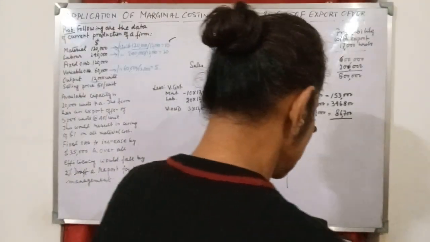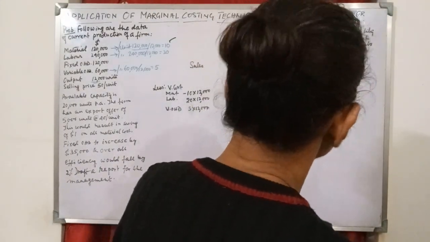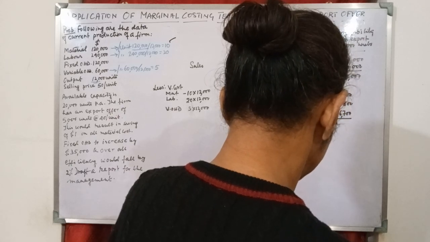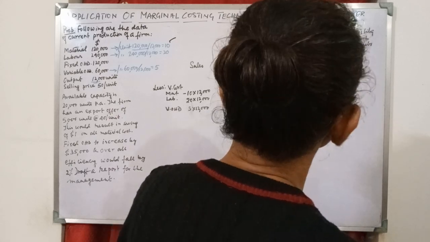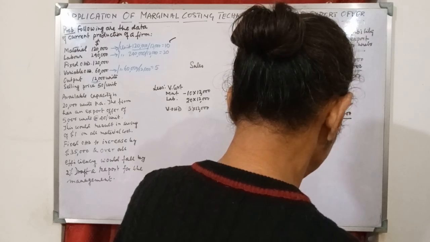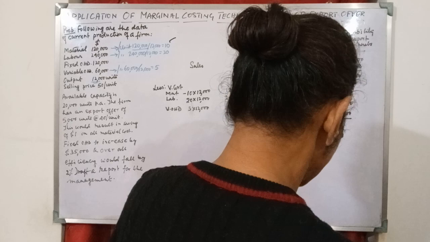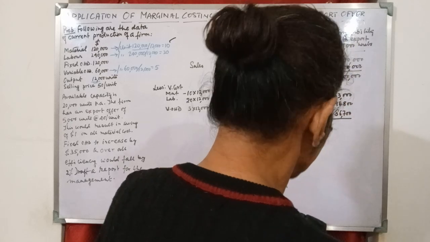So what is the total? 346,800 plus 153. Yeah. So we get 586,500.